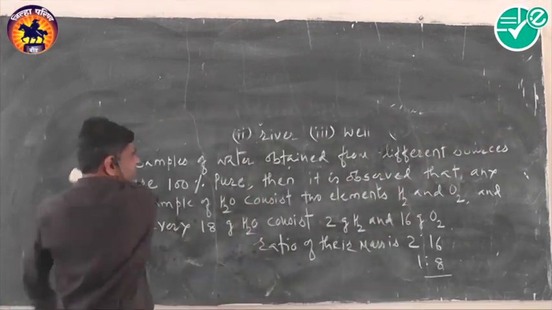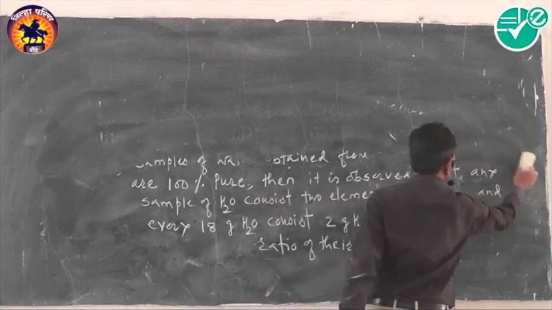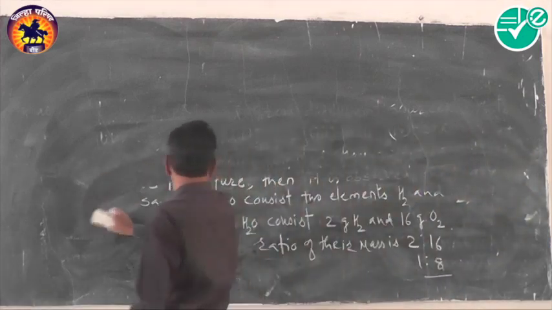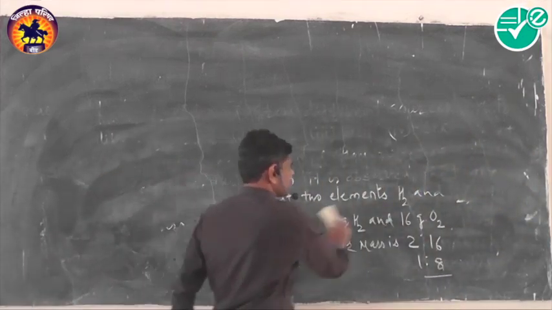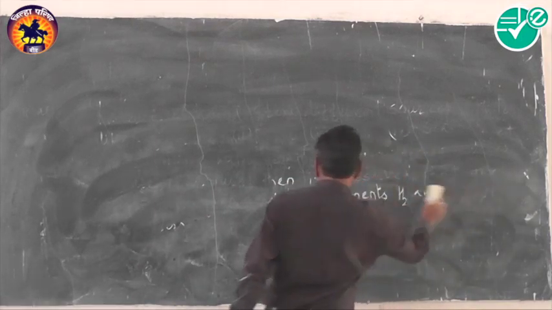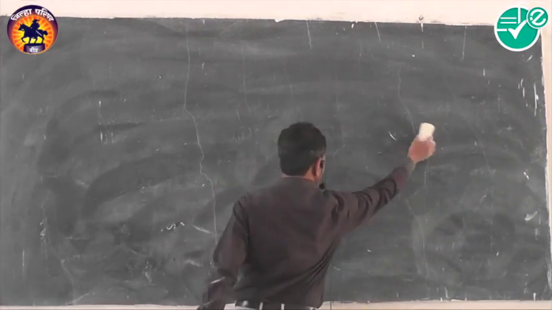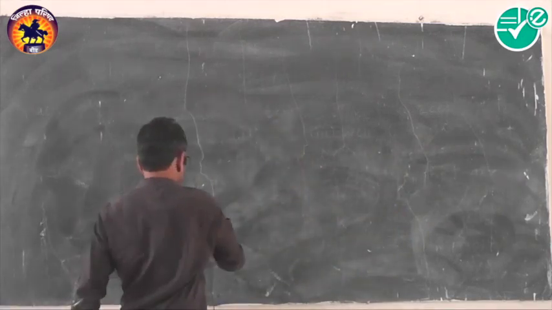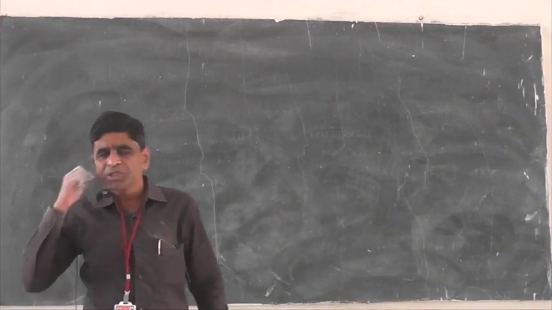Now let us consider a second, different example. You know that copper oxide can be obtained by the combustion of copper.